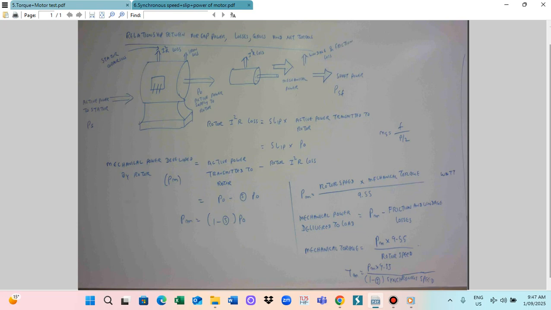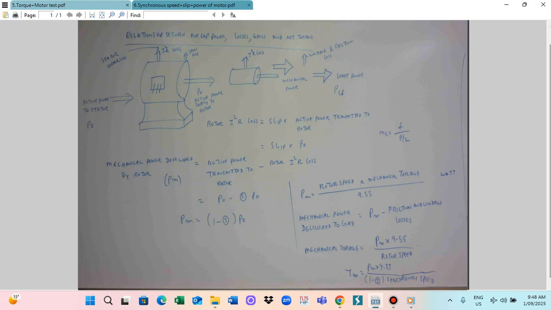The formula is the active power transmitted to the rotor minus the rotor I square R loss. So Pm is P0 minus S into P0, which means Pm is equal to (1 minus S) into P0.